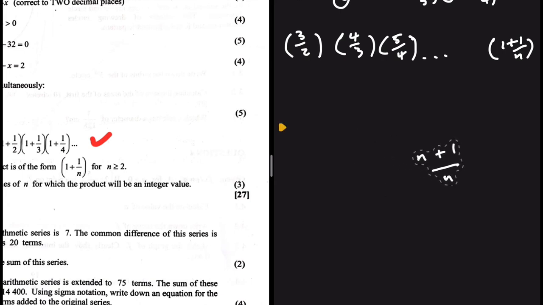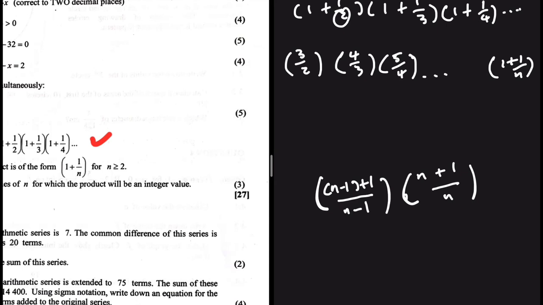The term that comes before that one should have a numerator of n minus 1 plus 1, because it is the term that comes before n. So on the denominator also, we are supposed to have n minus 1. We are replacing n with n minus 1.